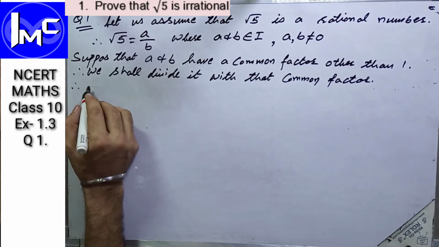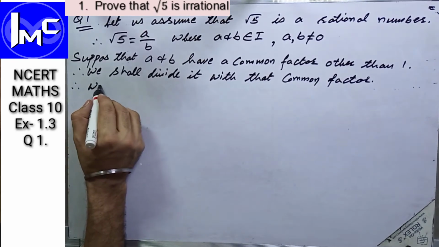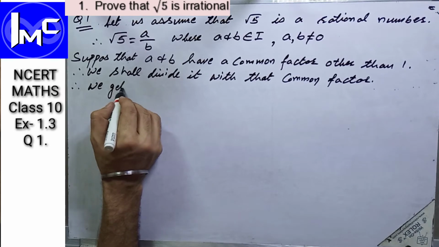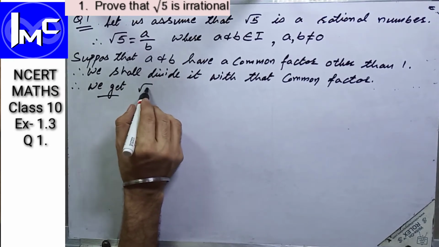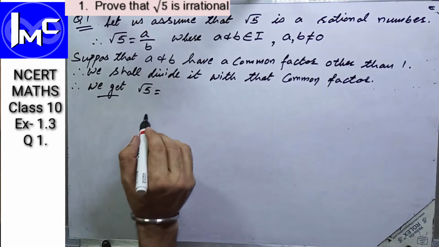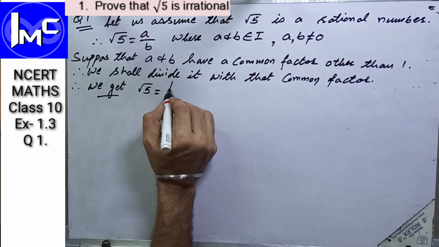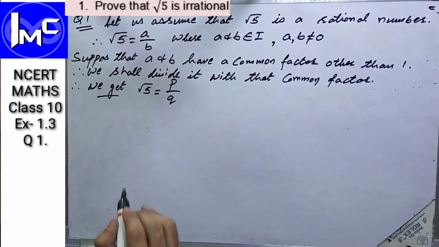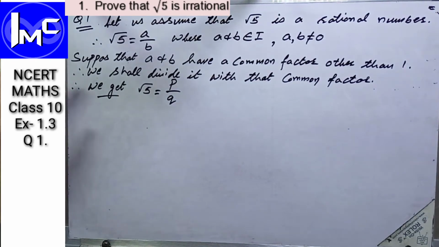Therefore, we get, after dividing, under root 5 is equal to p over q. What is the meaning of these two steps that we have used?